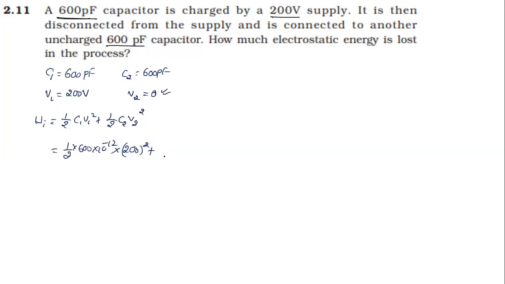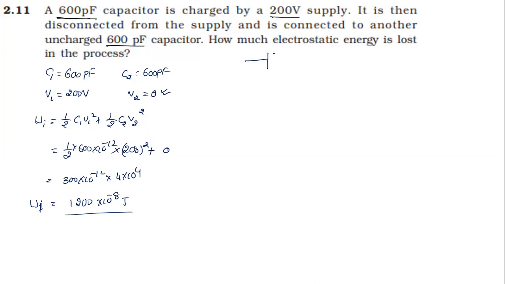So the second part becomes 0. So it will be 300 into 10 power minus 12 multiplied by 4 into 10 power 4. Simplifying this, 1200 into 10 power minus 8 joule. So that is the initial energy stored.